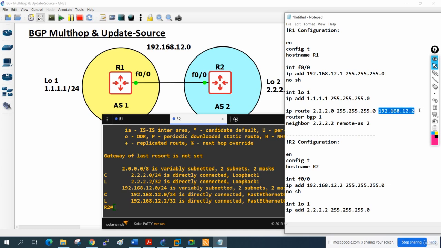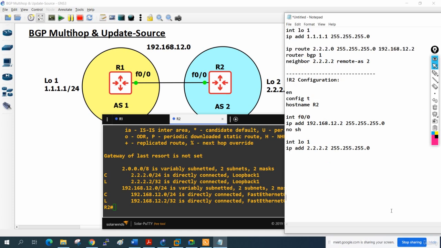Likewise, we need to create one more static route in R2 also. So I will go here and create it in R2. Why are we doing this? To get reachability. Here I am saying that if anyone wants to go to the 1.1.1.0 network, forward the traffic to 192.168.12.1. So this is a static route.